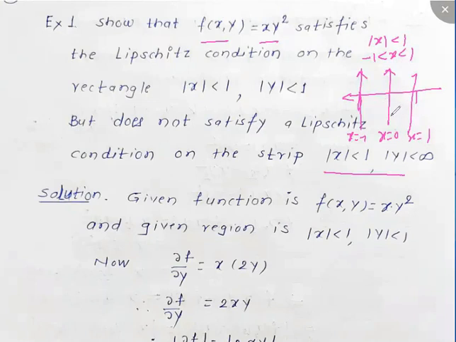And what is y? Mod y less than infinity means y lies between -infinity and +infinity. So y can take any value, up to infinity and up to -infinity.